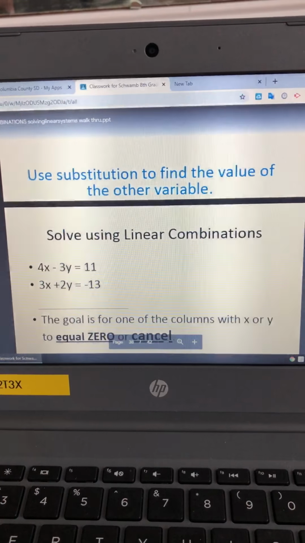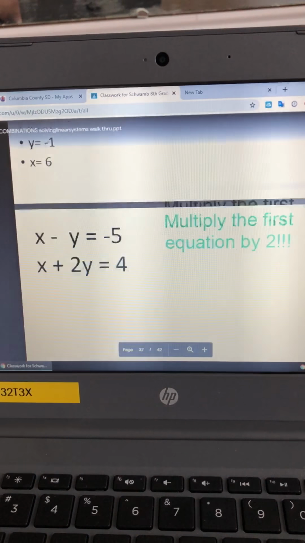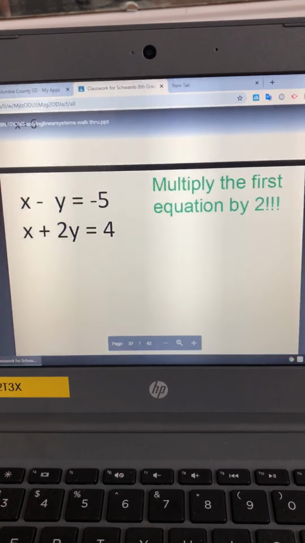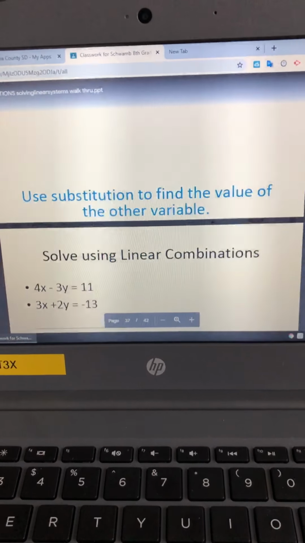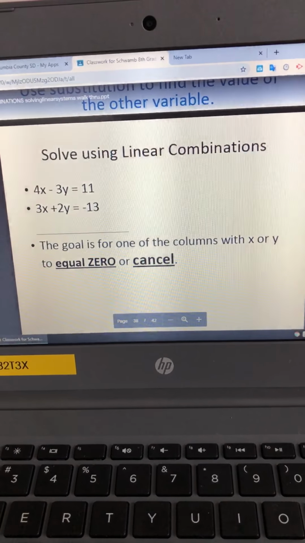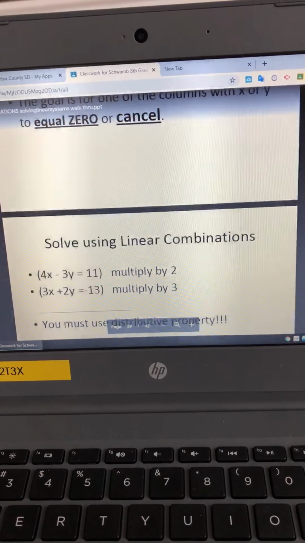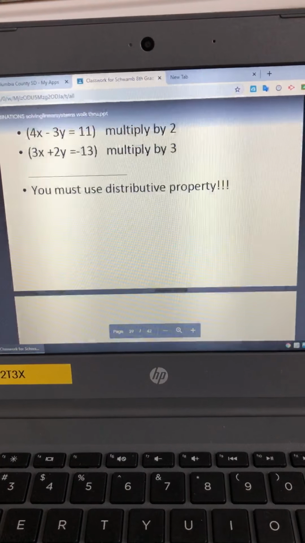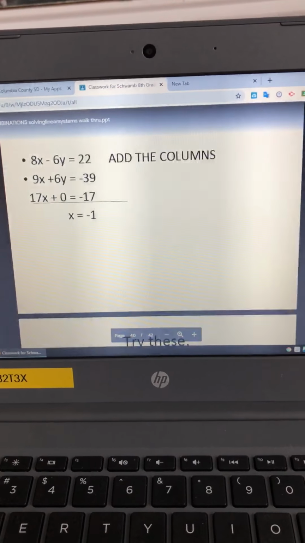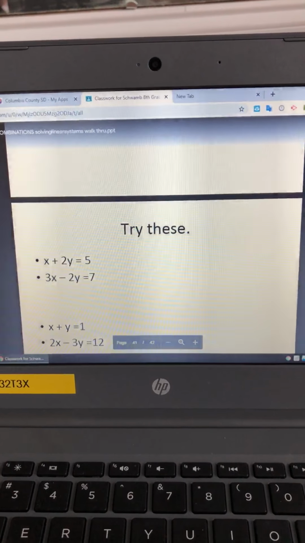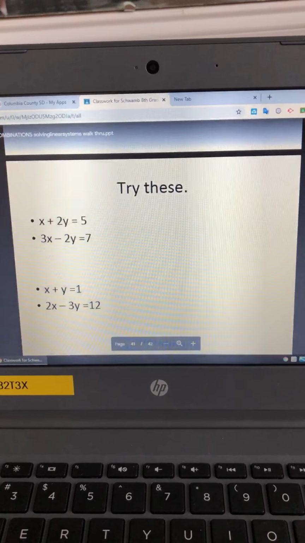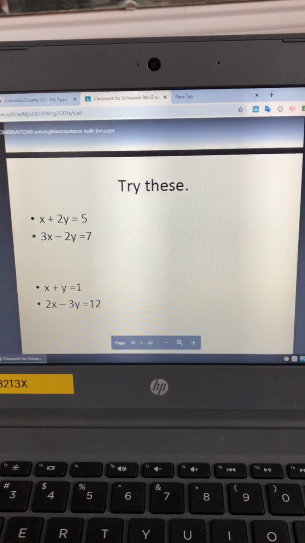All right, so anywhere it says multiply the first equation by 2, we're going to skip that. I want y'all to practice one where it already cancels out. So let's see if there's any like that on here. I want you to go to this slide right here. We're going to try this one.